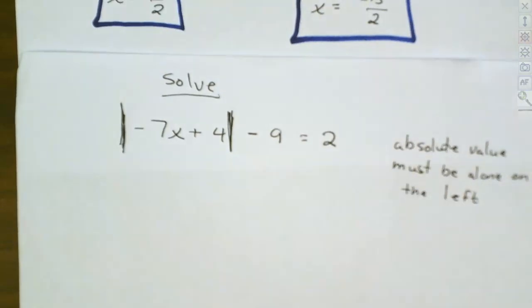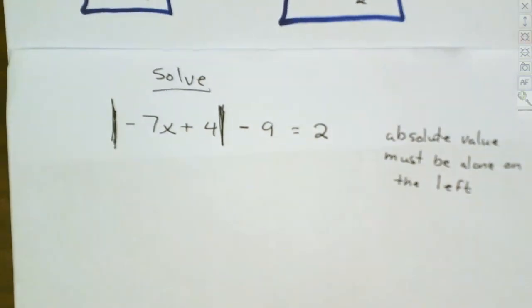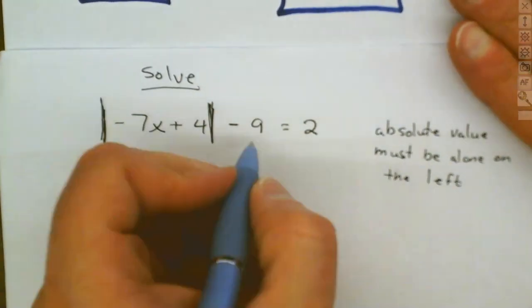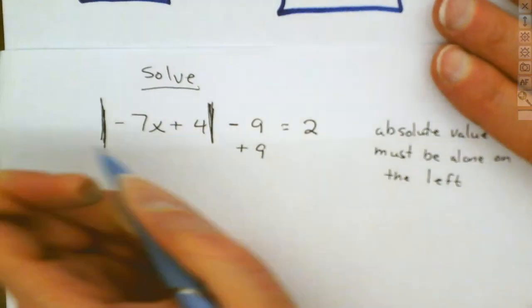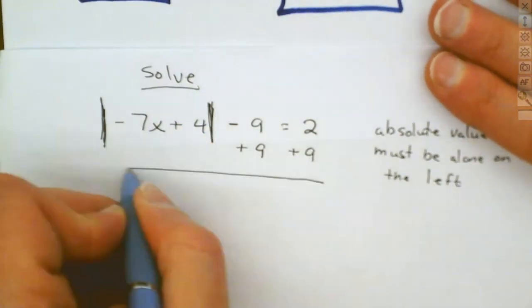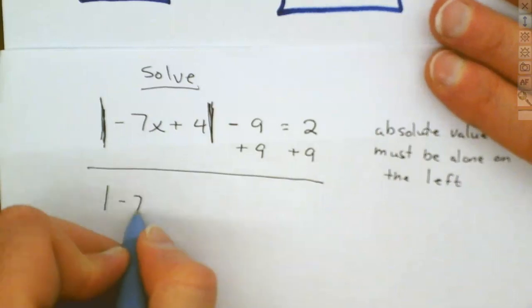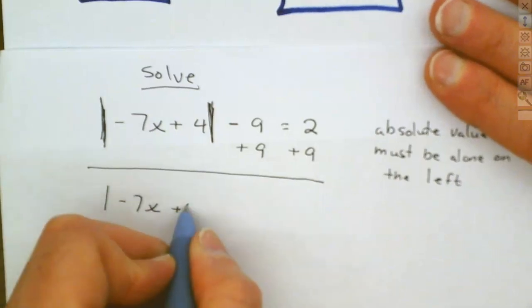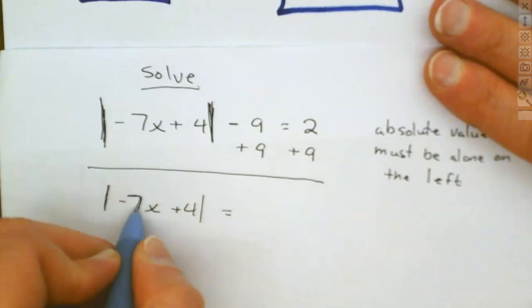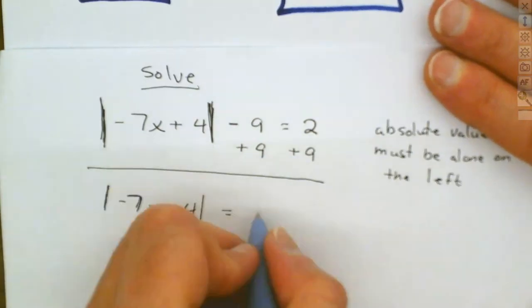So that means that 9 needs to go over to the right-hand side. So move that over first. And that gives you now 11.